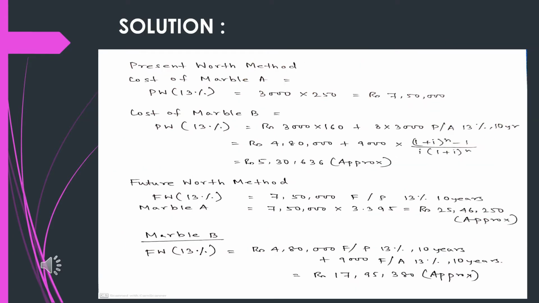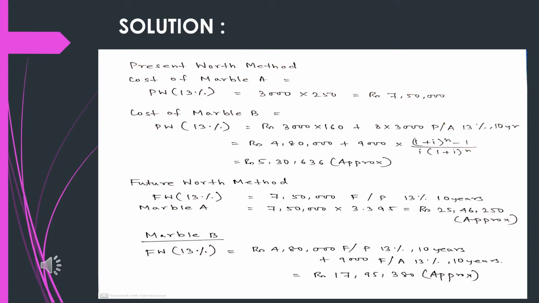Moving on to the solution part, we know that any time value of money sum can be calculated in present, future or annual worth. The figures achieved in those three methods might be different, but the outcome, that means the correct decision or option, will never change throughout these three methods.